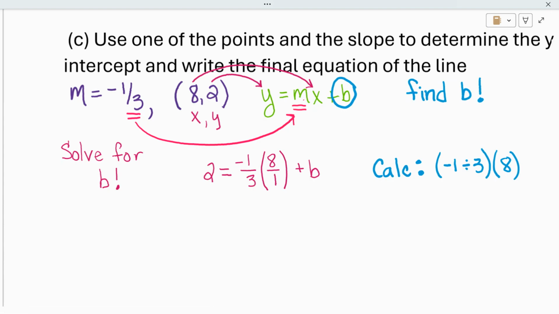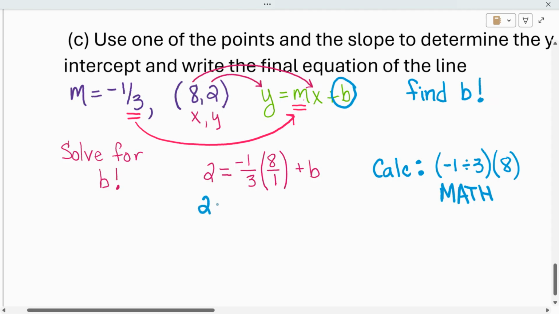I got 2.66. Owen, we can't use repeating decimals. So what could we do with that? Yeah, we want to turn that into a fraction. So I want all of you to do that. Hit the math button. What did you get, Ariana?